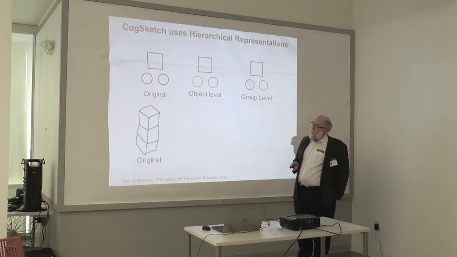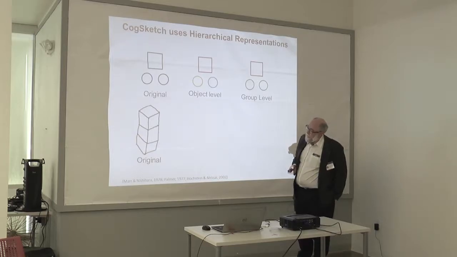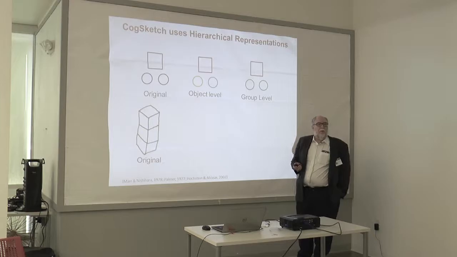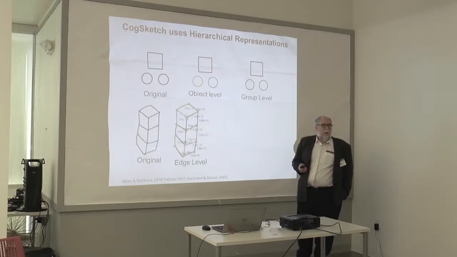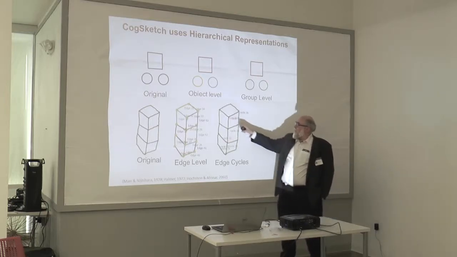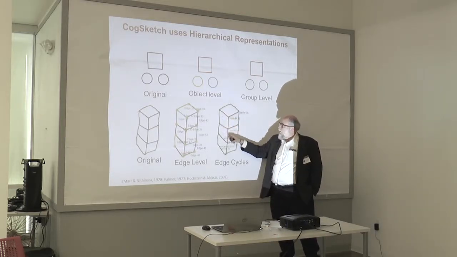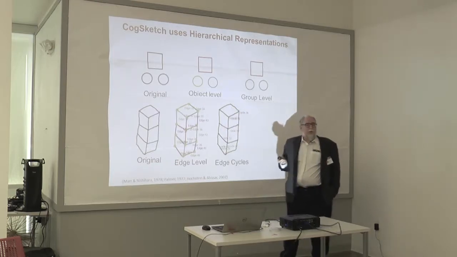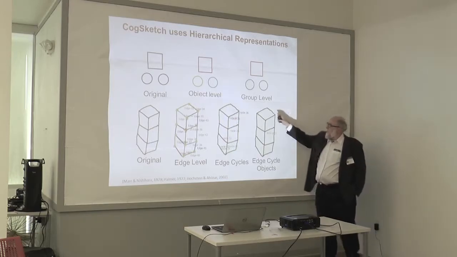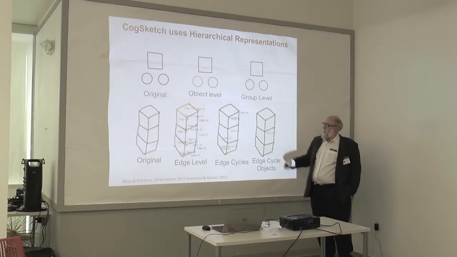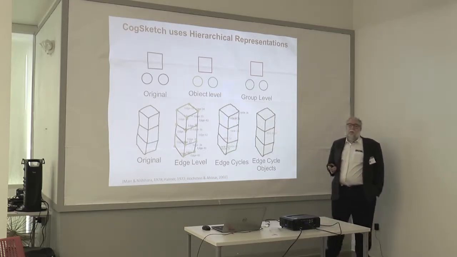So if I drew a stack of blocks, you notice I really am no artist, CogSketch's visual system can carve that up into edges and junctions, and then turn those into edge cycles, which are kind of prototypical things that could turn out to be surfaces, depending on what the object actually turns out to be, and edge cycle objects, which are a way of segmenting more complex things into pieces.